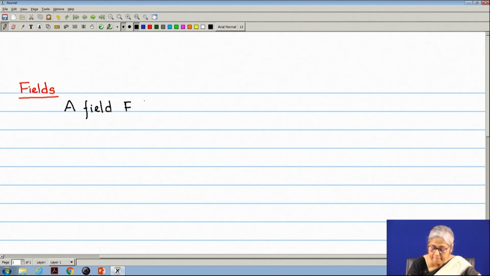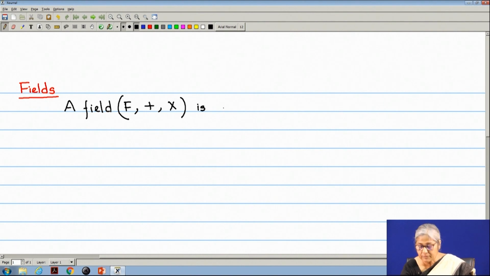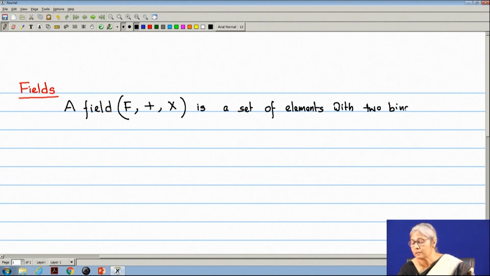We write it as addition and multiplication, a set of elements with two binary operations like the ring that we read last day.